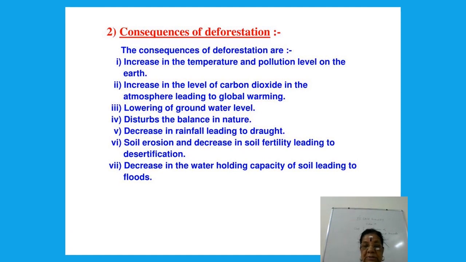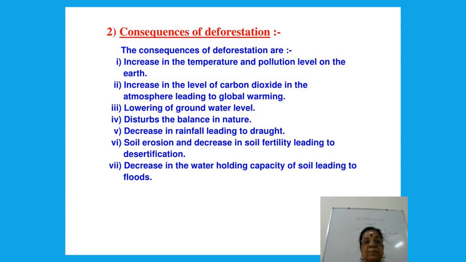Ground level water also gets lowered. They know that deforestation disturbs the balance in nature. They were told by Professor Ahmed that if cutting of trees continues, rainfall and the fertility of the soil will decrease. Increase in temperature and pollution level on the earth.